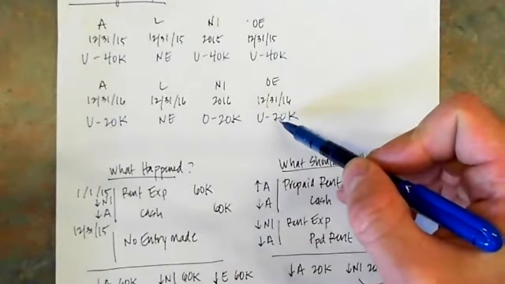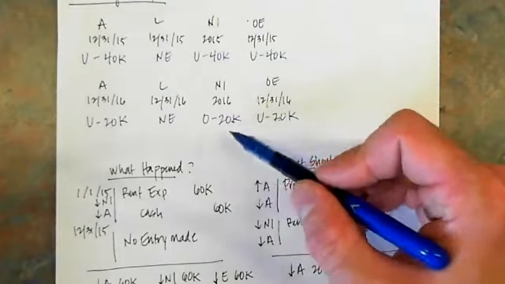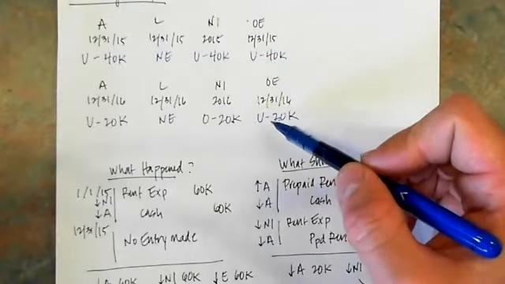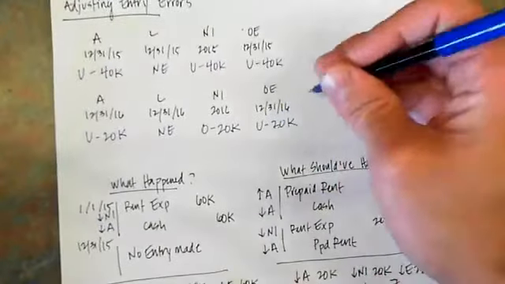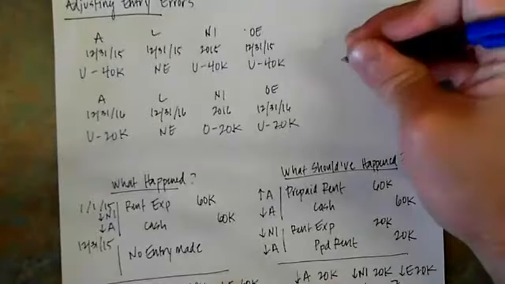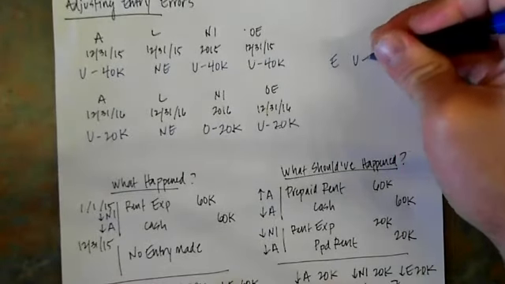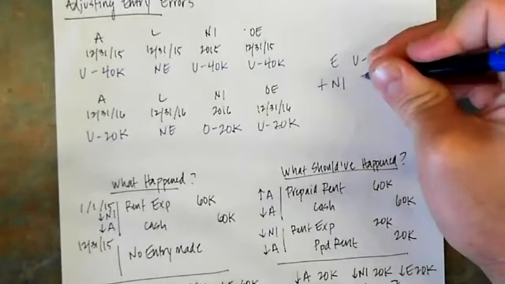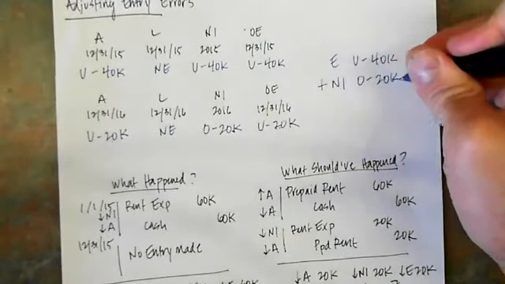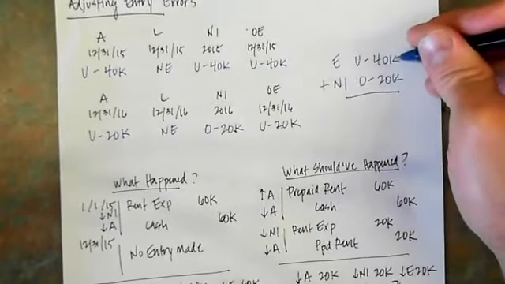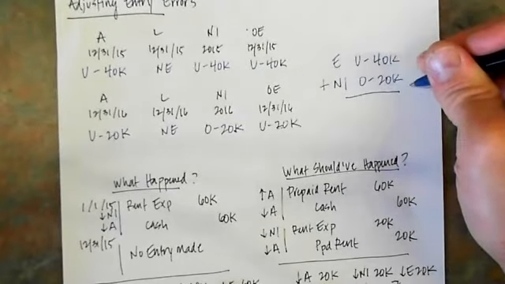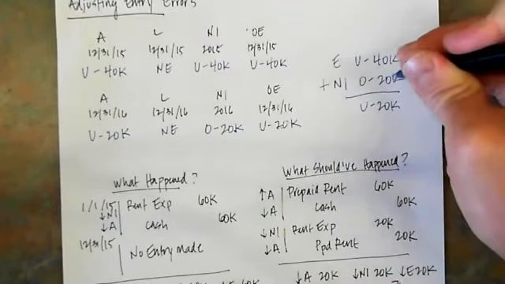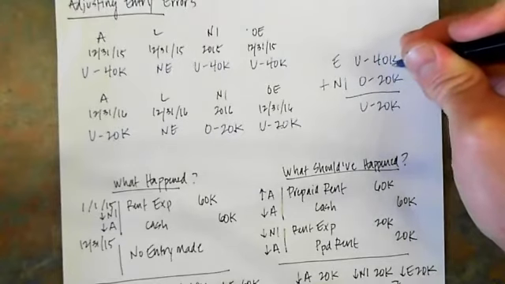That leads to an understatement of 20,000 because we're going to close this error to the understatement, and that will bring it up. So in essence, we have equity that is understated by 40,000. We add to it net income that is overstated by 20,000. An understatement of 40,000 plus something that's overstated by 20,000 would give you an understatement of 20,000 because this overstatement reverses some of the error here.